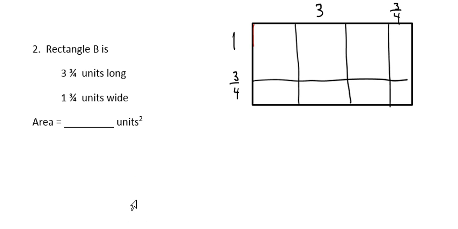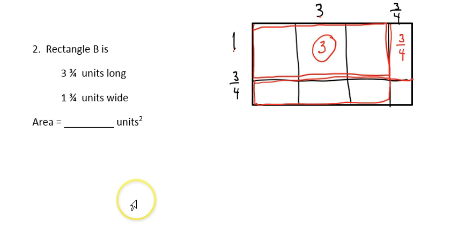Now let's figure out the size of each piece. So again, we'll start with the whole numbers. So this rectangle here is a 1 by 3 rectangle, so that's 3 wholes. This piece is 1 whole times 3/4. 1 whole times 3/4 would be 3/4. This rectangle would be 3 copies of 3/4, or 3 times 3/4.